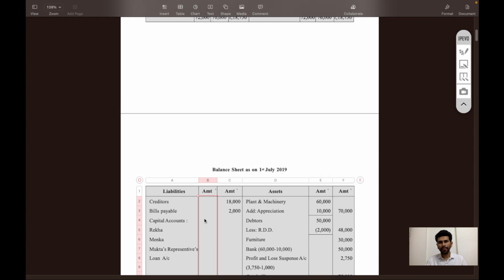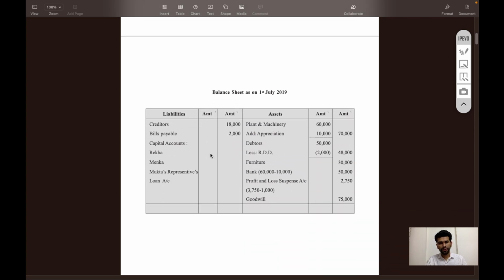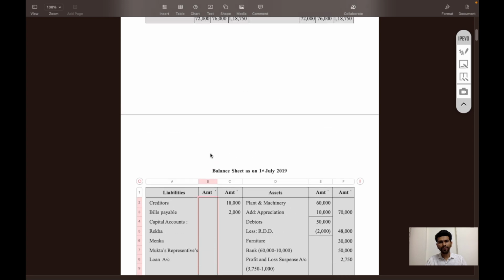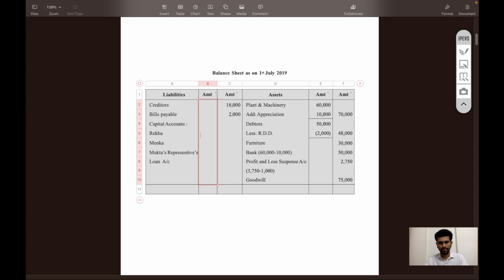Capital account Rekha and Menka, and Mukta's executor's loan account will also be transferred to balance sheet liability side. So Rekha capital account is 72,000 rupees. Menka capital account 76,000 rupees. Total will be on the outer column 1,48,000 rupees.